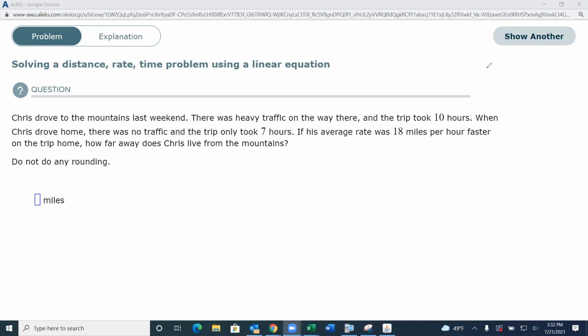Okay, so on this one, there's an easier way and a harder way to do it. And I'm going to give you the way that I think, pretty sure, is the easier way. First of all, we're seeing a lot of distance and speed and time, and that's why they've got that in the title. So the equation that represents that is d = rt: your distance is equal to your speed times your time, or your rate multiplied by your time.